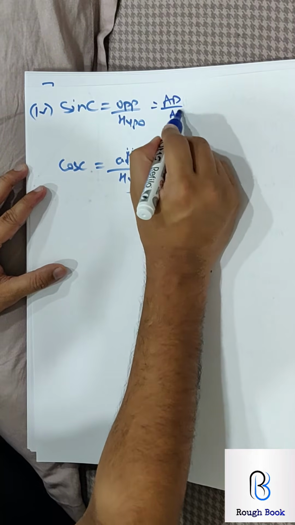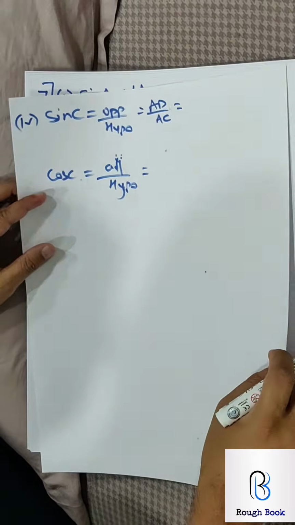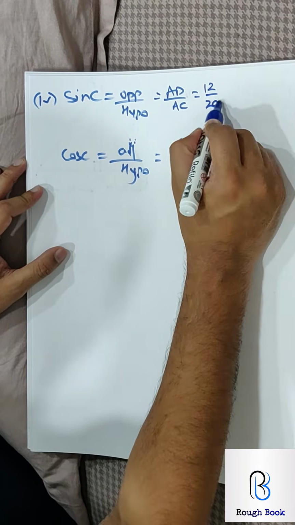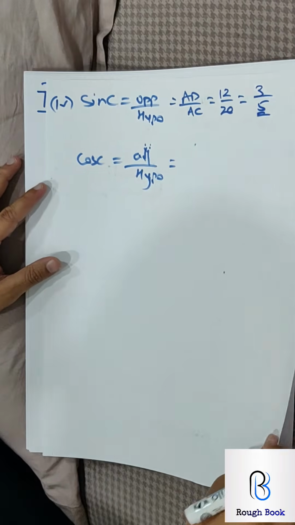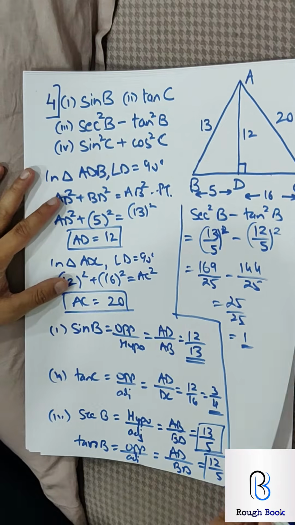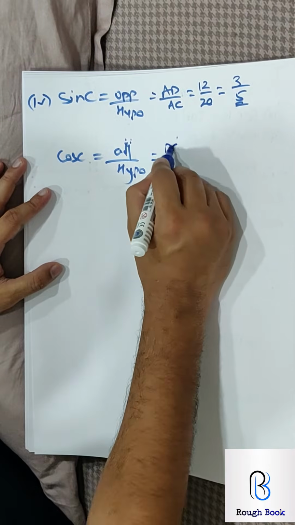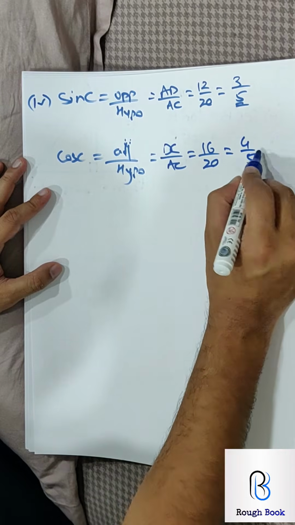So AD is 12 and AC is 20. So 12 by 20, 3 by 5. Likewise cos C, DC upon AC, 16 by 20, 4 by 5.